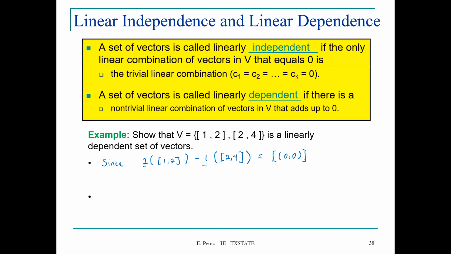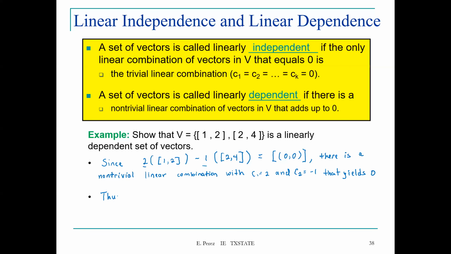So since there is a non-trivial linear combination with coefficient C1 equals 2 and coefficient C2 equals minus 1 that yields 0, then we know that this is a linearly dependent set of vectors.